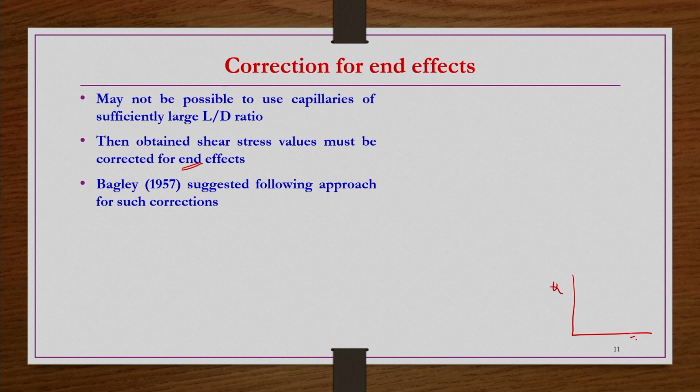Otherwise, how do you understand whether the obtained information is reliable? You can get the Q versus delta P information by using different capillaries of different L and different D, and then plot all of them.